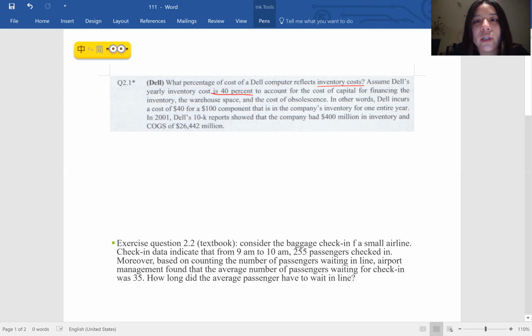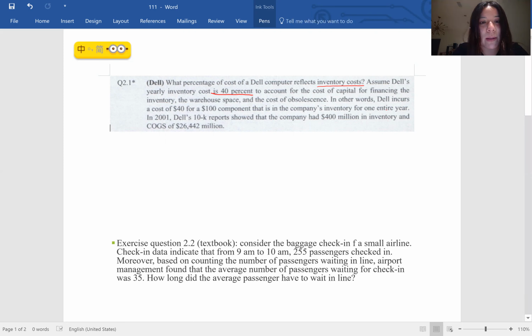To account for the cost of capital for financing the inventory, the warehouse space, and the cost of obsolescence. In other words, Dell incurs the cost of $40 for a $100 component that is in the company's inventory for 1 entire year.